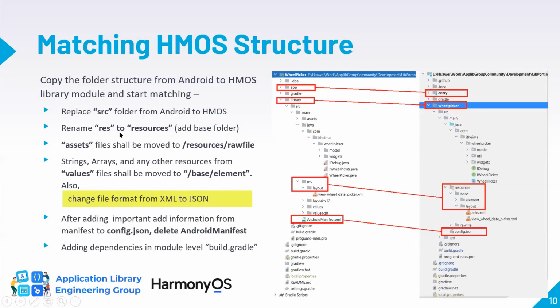Now, what next do I have to do? We might have some assets files. Here, I can see that under main we have assets files that we need to copy. Again, where do we need to copy? Under resources, under the raw folder.